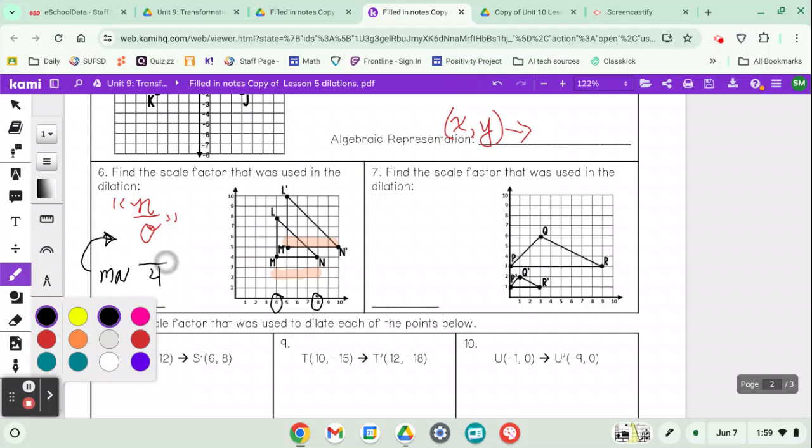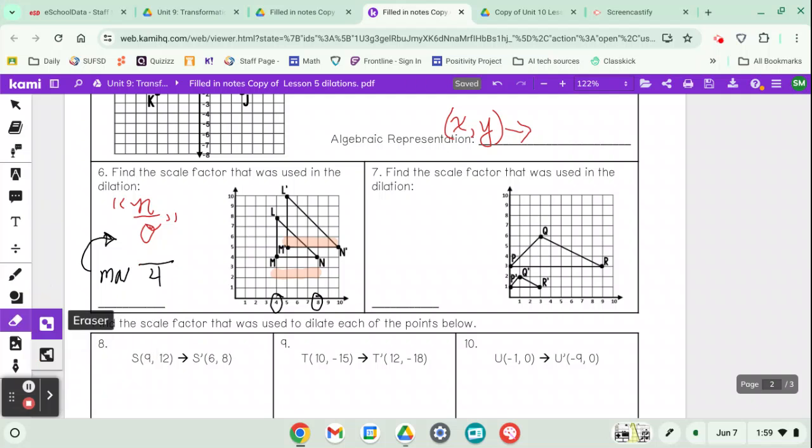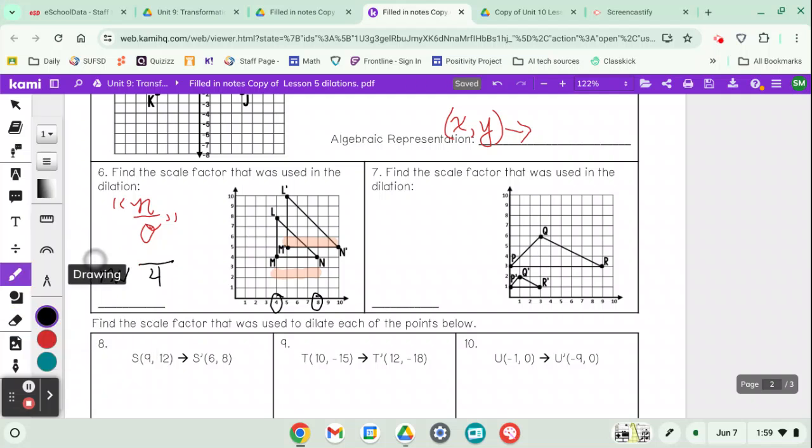So that is a 4 for a denominator in my ratio. The image M prime N prime goes from a 5 to a 10. That ratio is 5/4. And I'm going to leave it that way.